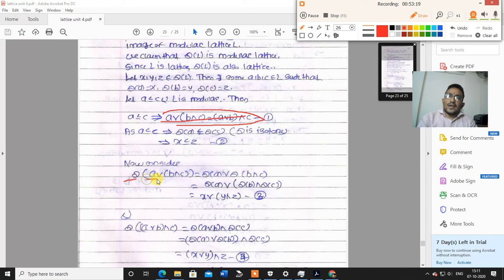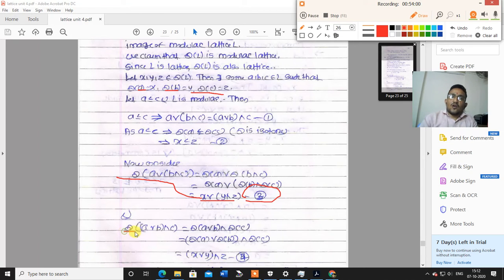Consider theta of A join B meet C. Since theta is a homomorphism, by join homomorphism and then meet homomorphism, this is theta of A join theta of B meet theta of C. Theta of A is equal to X, theta of B is equal to Y, and theta of C is equal to Z. Therefore we get X join Y meet Z. Call this equation 3.